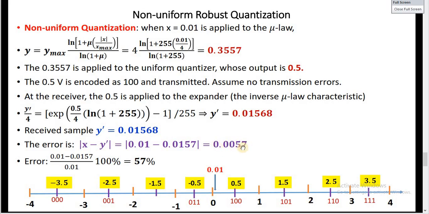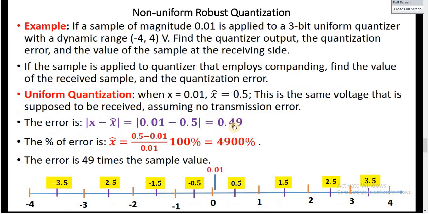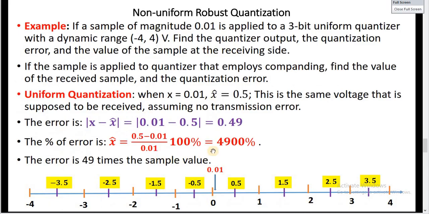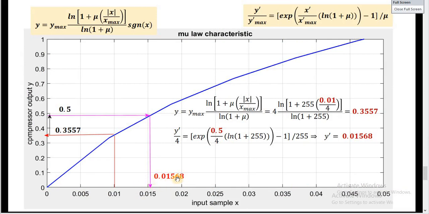We need to compare this value with the previous error, which is 0.49. Also, we compute and compare the relative error, which is 57%, with the percentage error with the uniform quantizer, which is 4,900%. This figure demonstrates the whole operation.